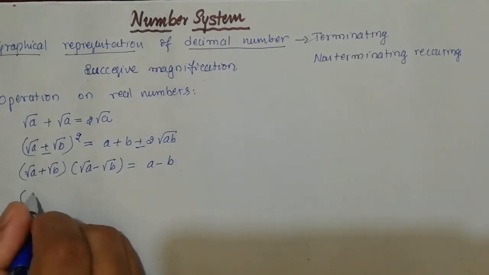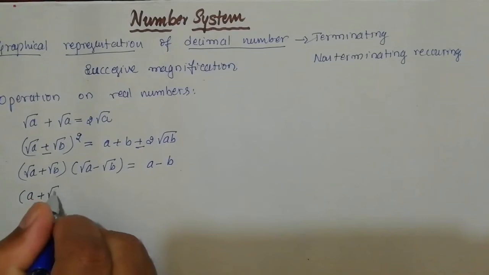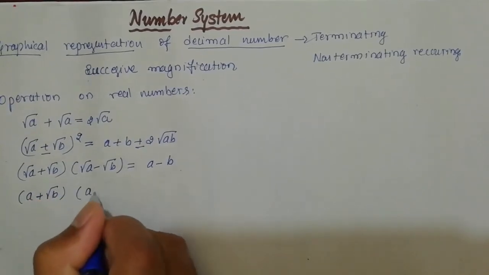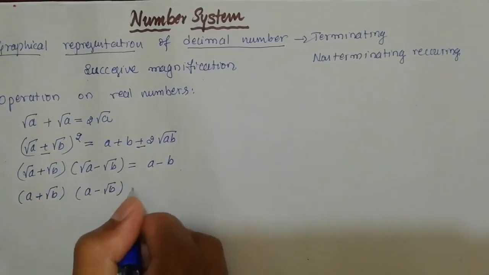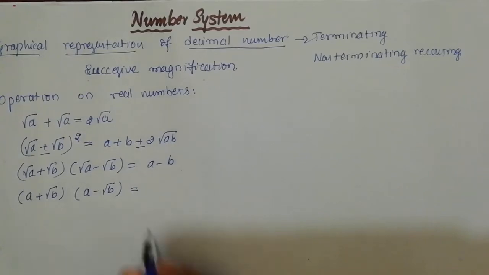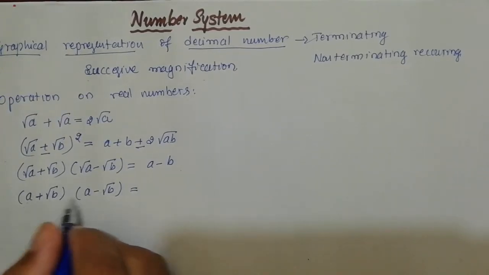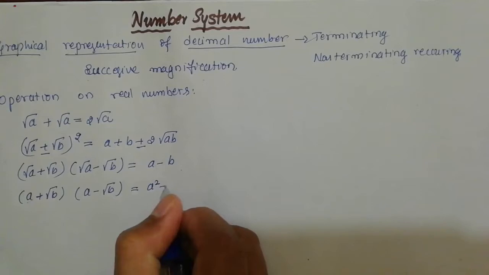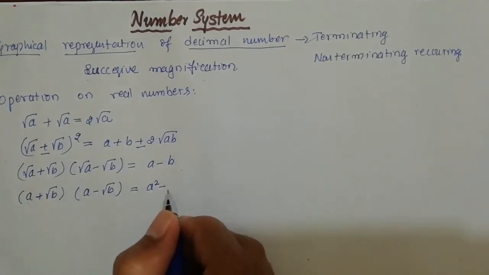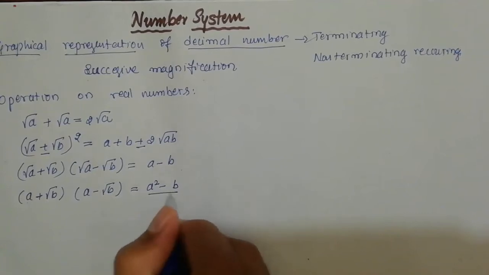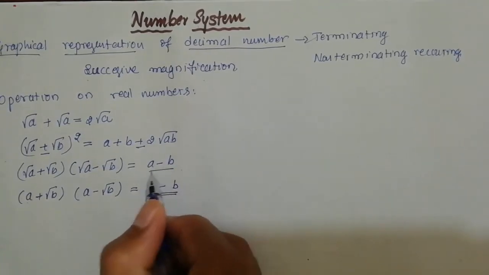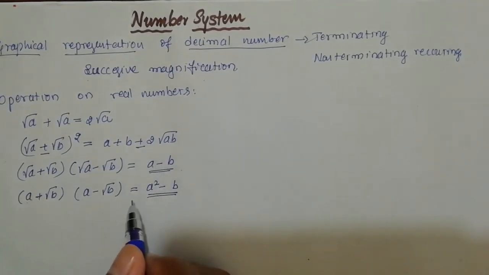Or sometimes he may give the problem of this format also, a plus root b into a minus root b. Here there is no root, so it will become a square, and the square root of b whole square will become just b. Remember, you need to remember all these formulas.